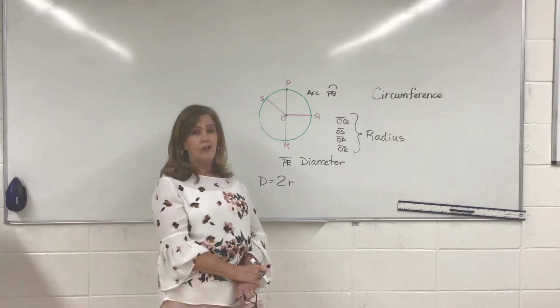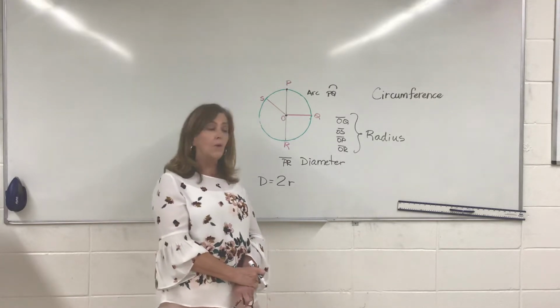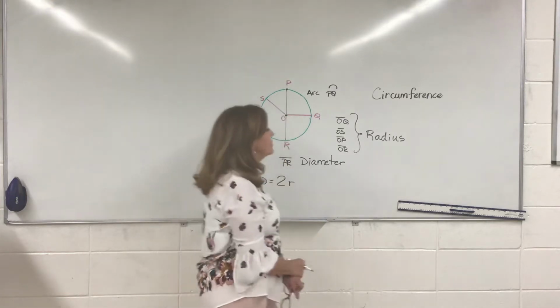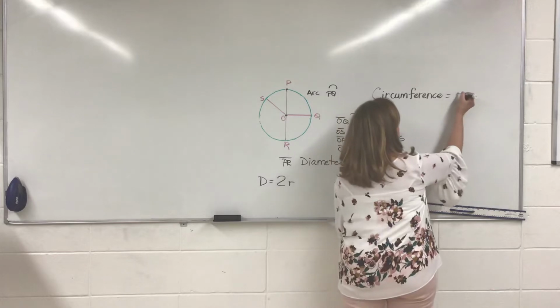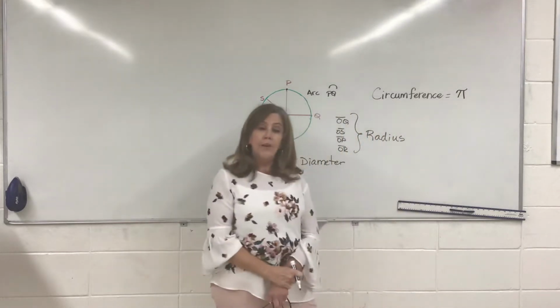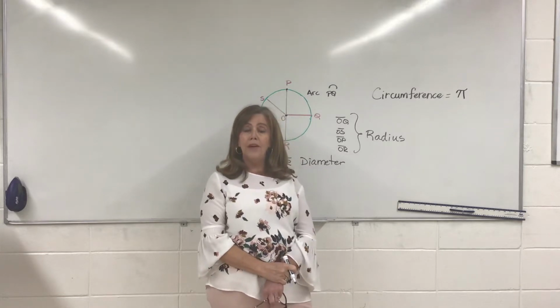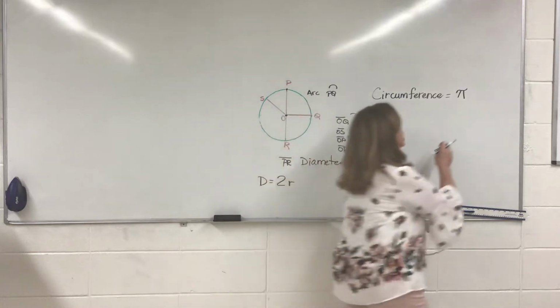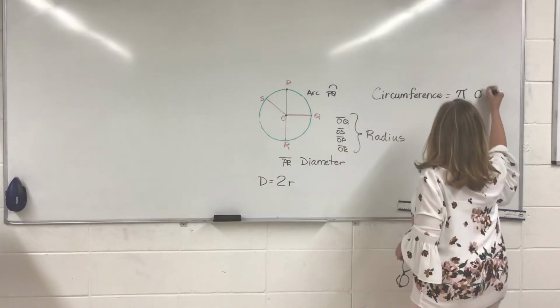There's a relationship between the circumference of a circle and the diameter of a circle. And the circumference is equal to a number that is represented by a symbol, and it's called pi. Okay, and I'll talk about pi in just a minute. But it's pi times d.